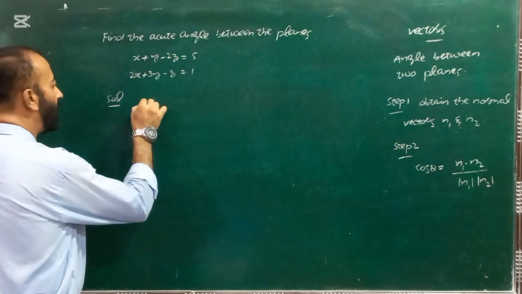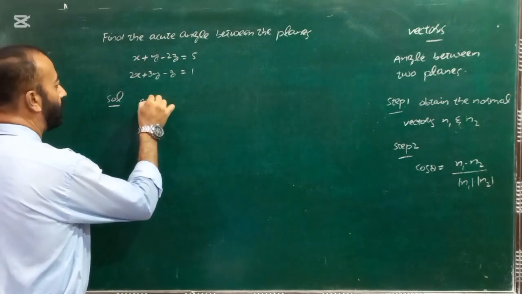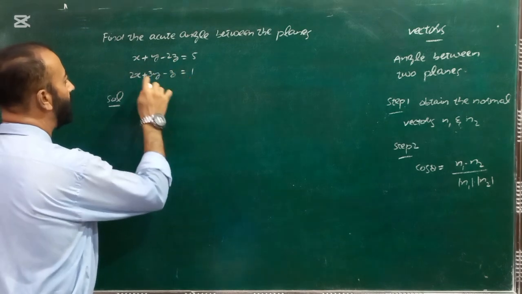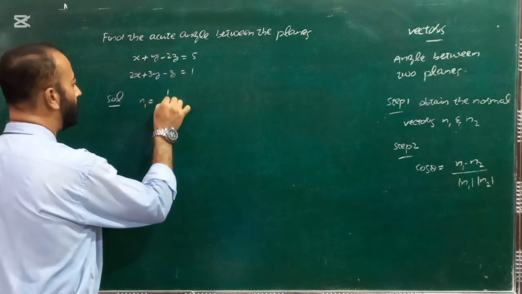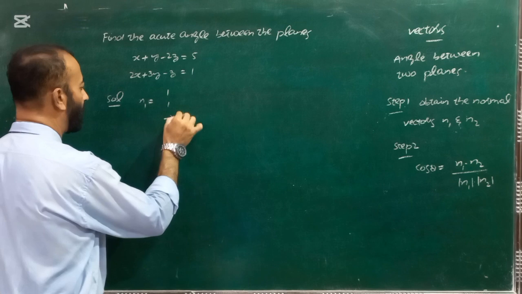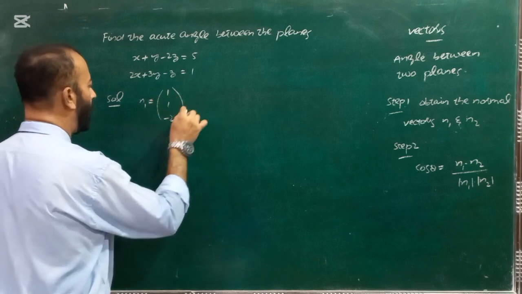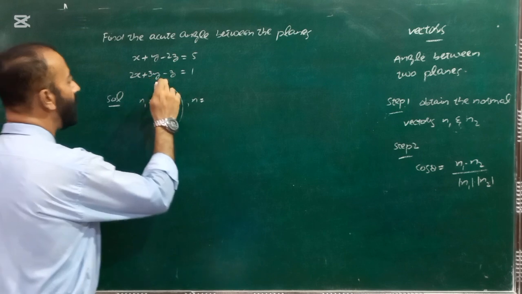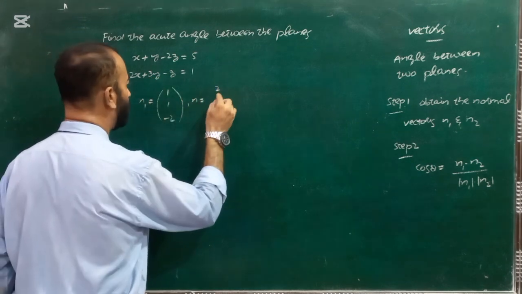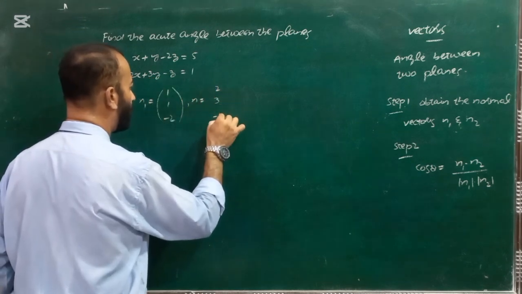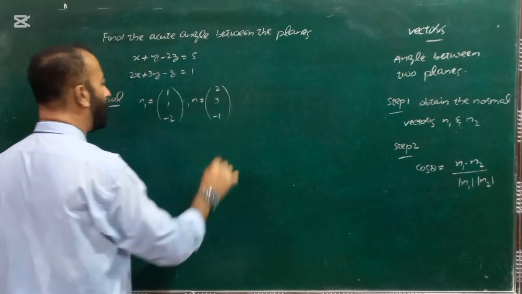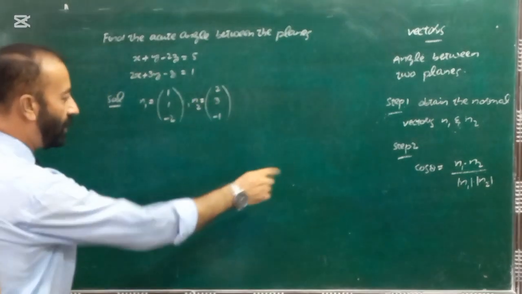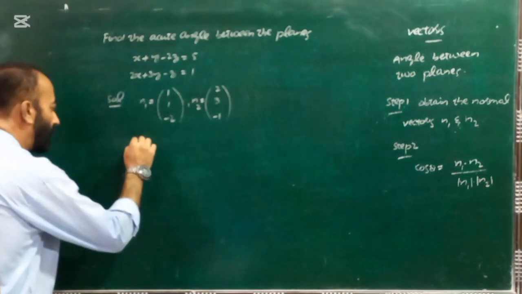The normal vector n1 of the first plane is (1, 1, -2), and n2 will be (2, 3, -1). Okay, this is n2.